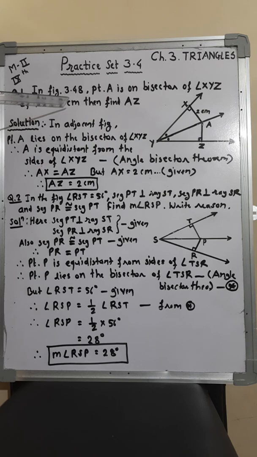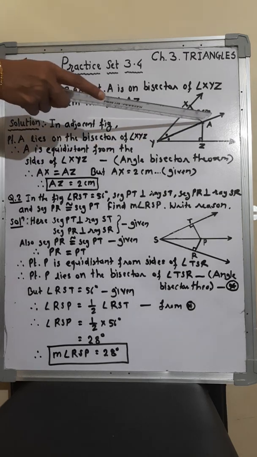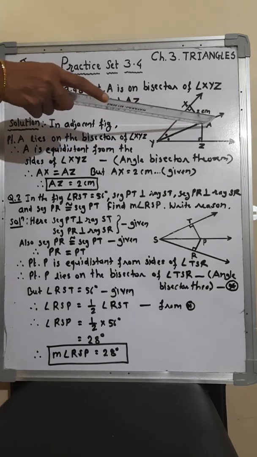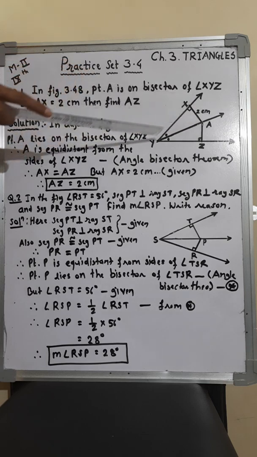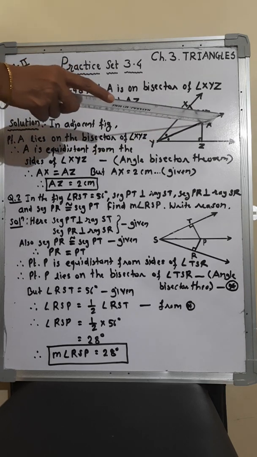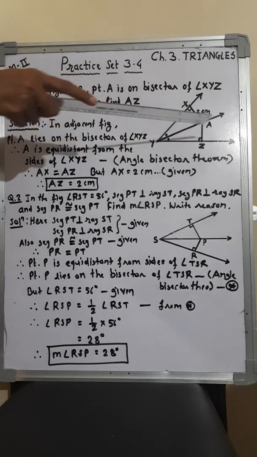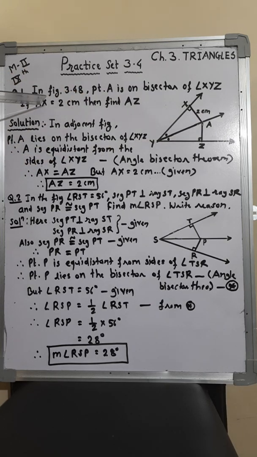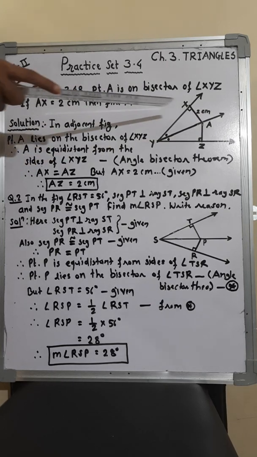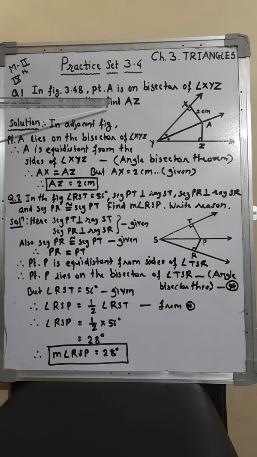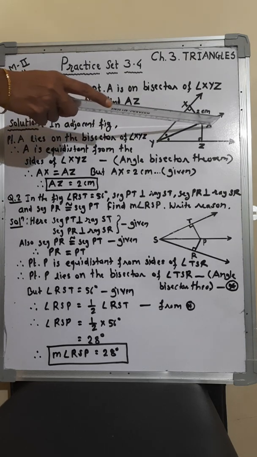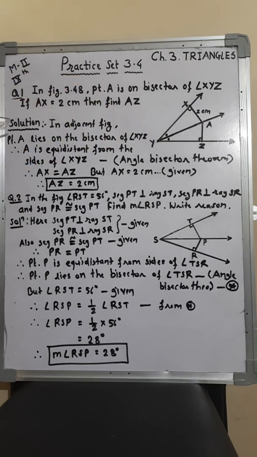If AX equal to 2 cm, here AX is the perpendicular drawn and AZ is also a perpendicular drawn. Here the length of AX is 2 cm which is given. Then we have to find AZ. It is based on the angle bisector theorem. So you have to study this theorem very well.